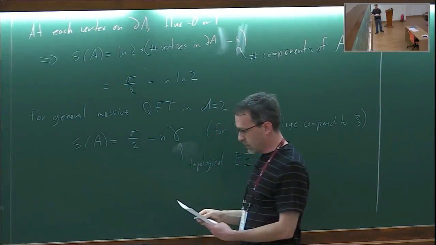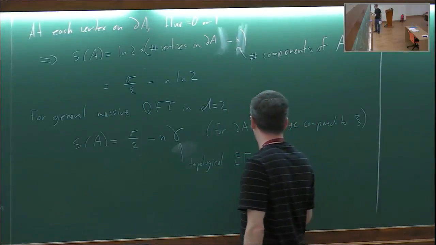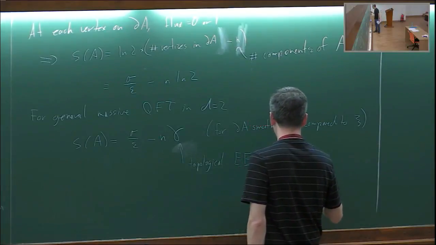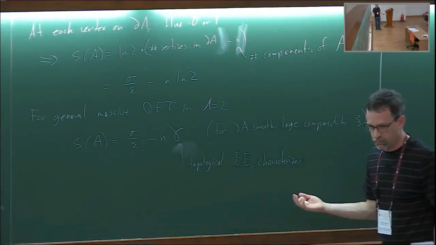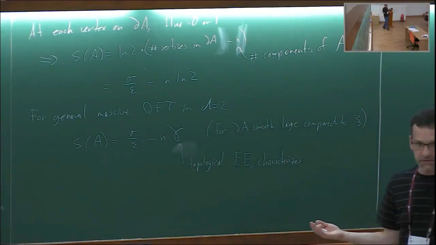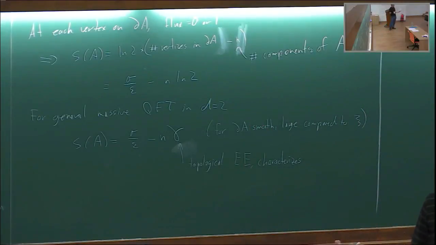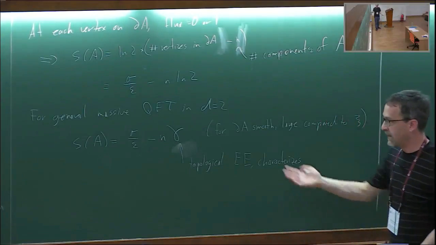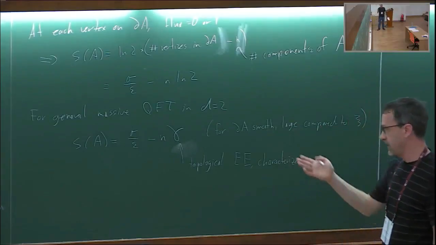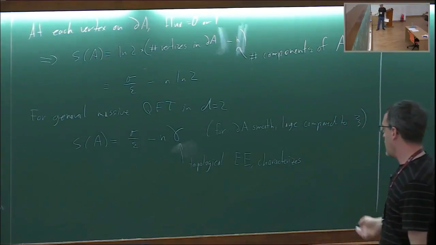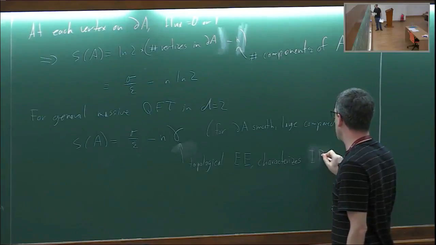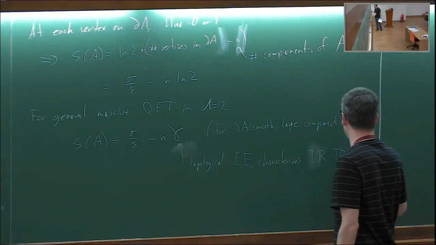And you could ask the question, at very long distances, any massive theory has no non-trivial correlation functions left, so it's described by a topological field theory, which may be trivial. So gamma may be 0, but in a case like this, it's not. So it characterizes whatever topological quantum field theory you have in the infrared.